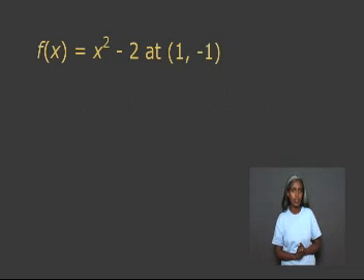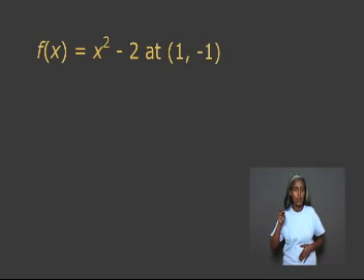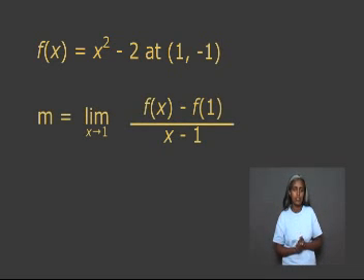By the definition of the slope m of the tangent line, m equals the limit of f of x minus f of 1 over x minus 1 as x approaches 1.